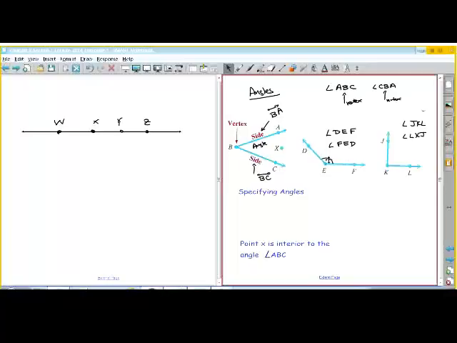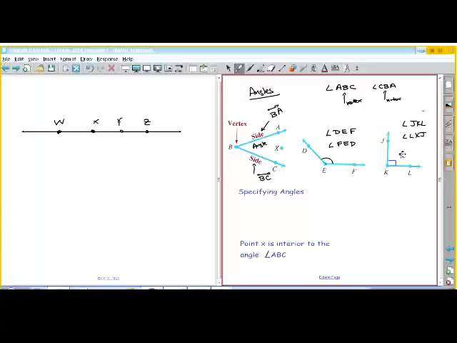The value of the angle, remember, if you take the second ray and rotate it all the way around and come back to the original ray, that goes 360 degrees. If you go halfway around, that's half of 360, which is 180. And a quarter of 360 is 90.